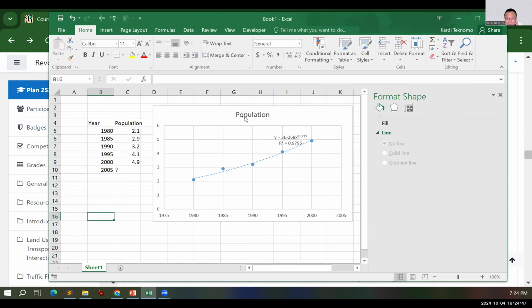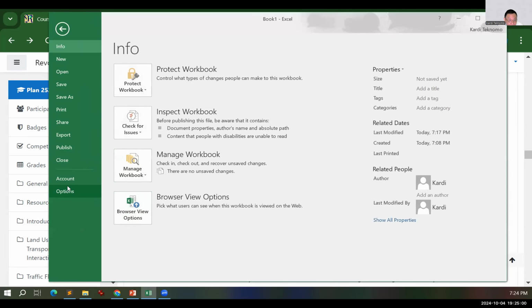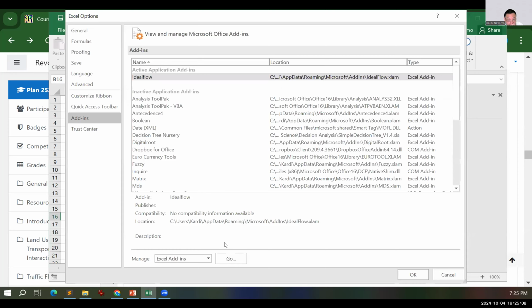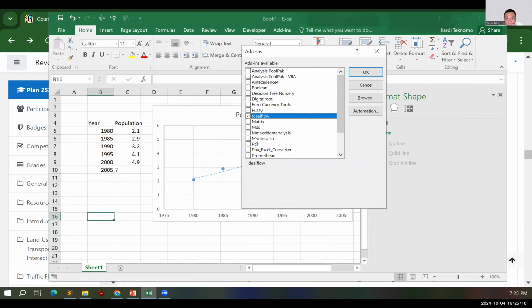You can also use data analysis in Excel. Let's see if we can use it. Go to the options, add-ins, and click the analysis toolbar here.